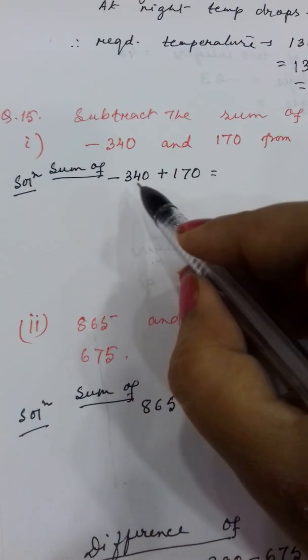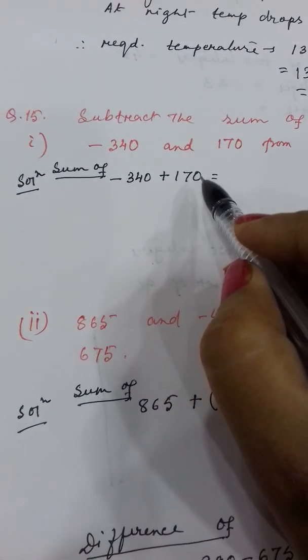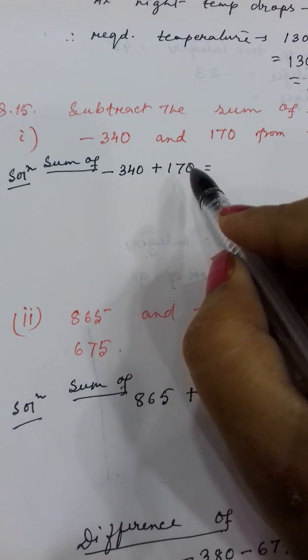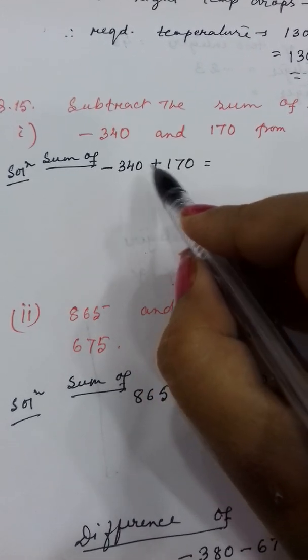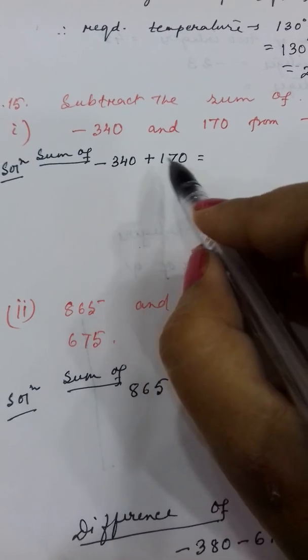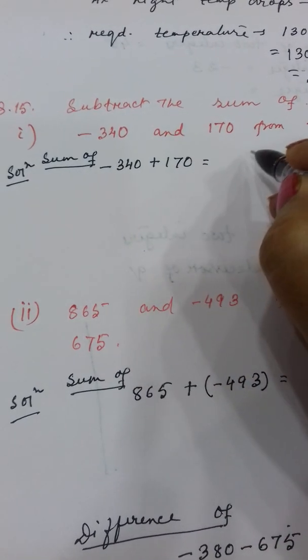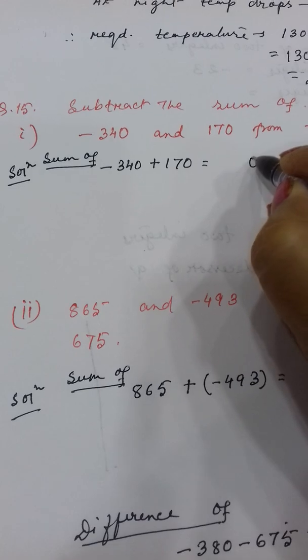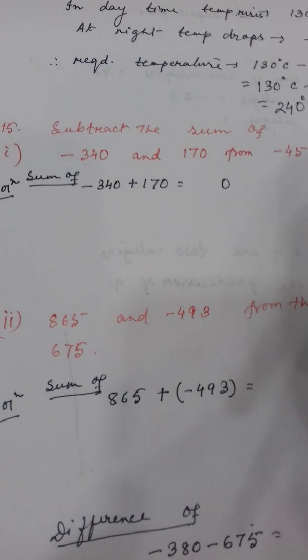So first you find out the sum of these two, minus 340 plus 170. Though you will find out the sum, but due to the sign you have to do plus minus. That means 340 minus 170 you have to do. I am doing orally. If you can, you will use working column.